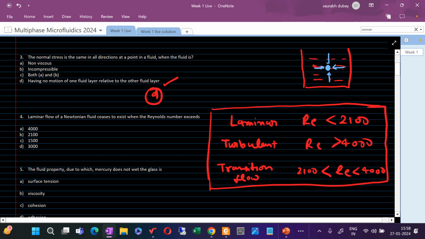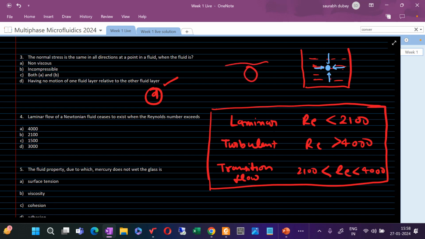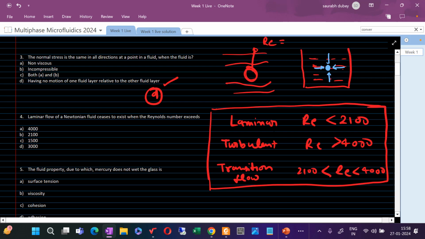And if you see flow past a submerged sphere, and the analysis of drag on the sphere is happening, then you define Reynolds number using the diameter of the sphere.